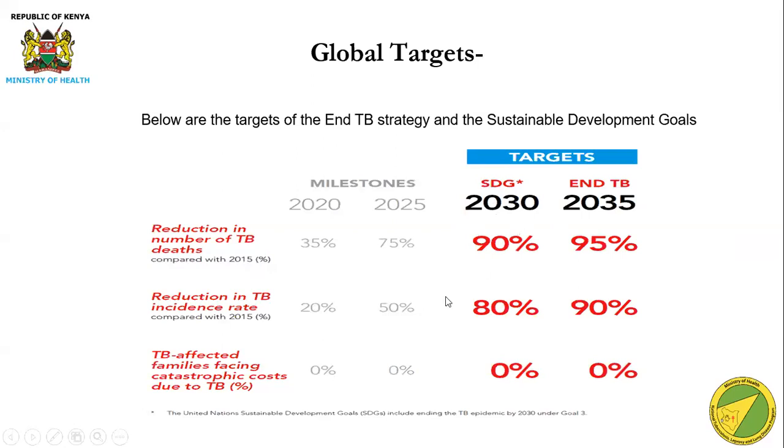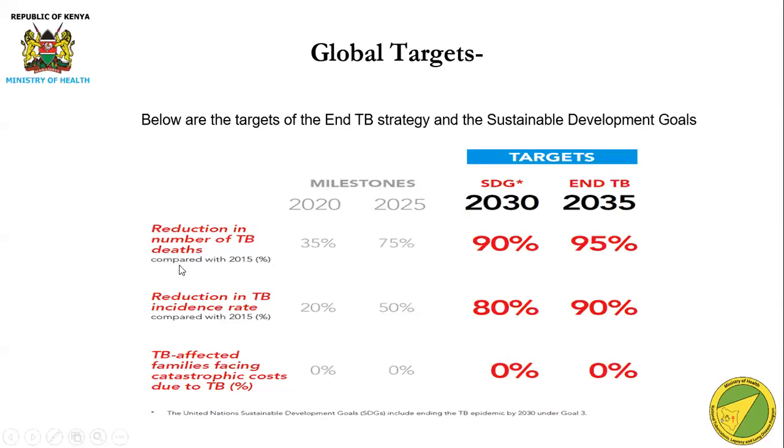Here we are looking at about three indicators. One is reduction in the number of TB deaths compared with 2015. By 2020, we are supposed to have reduced TB deaths by 35%.